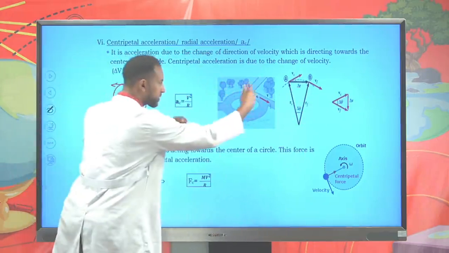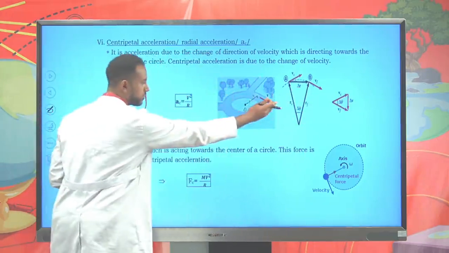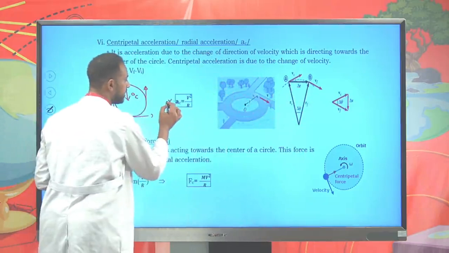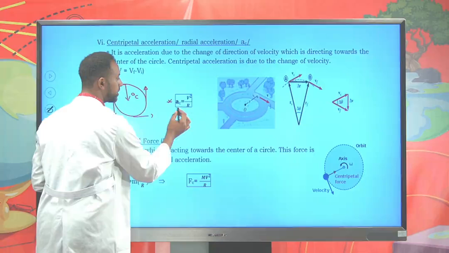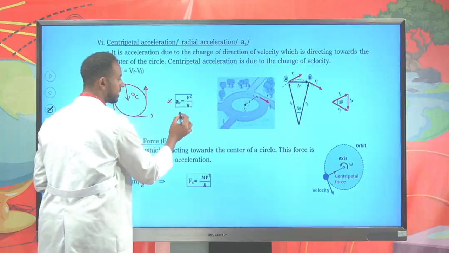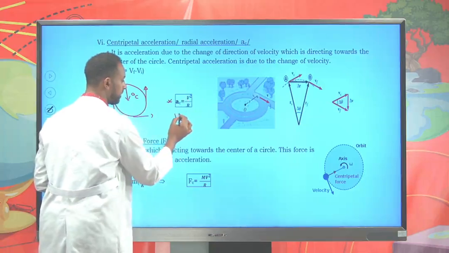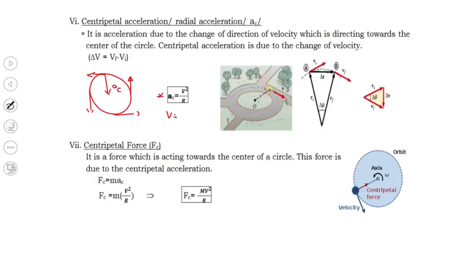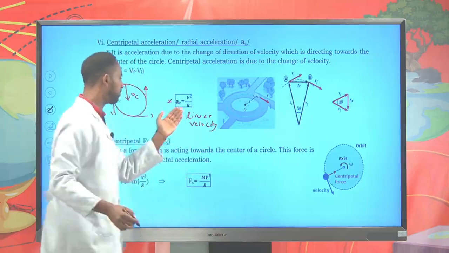And from similarity of triangles, which we can find in different books, we can find the expression for centripetal acceleration as v squared over r, where v is the tangential velocity or linear velocity, squared, over radius r.